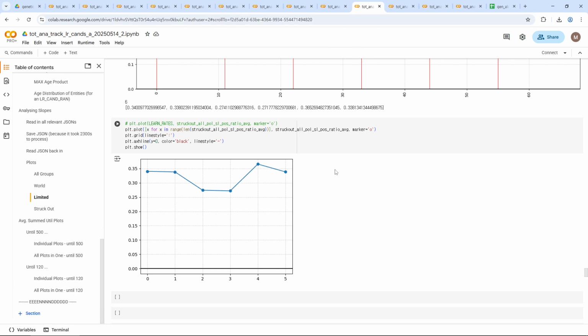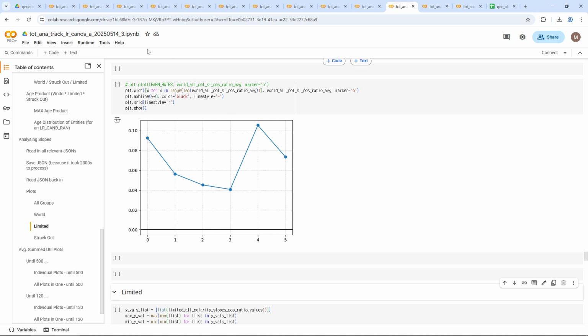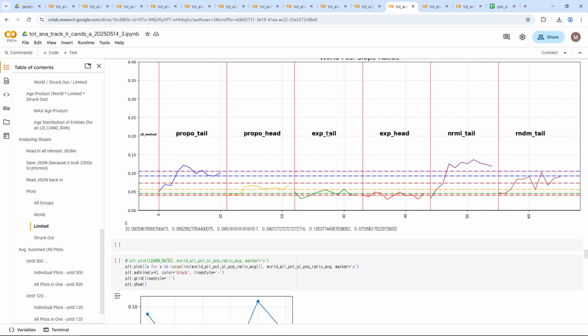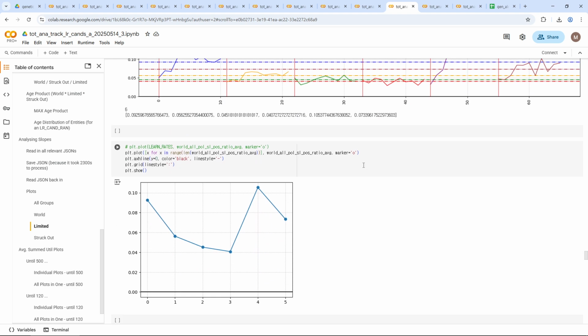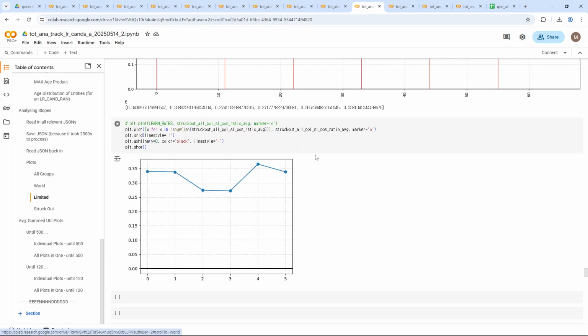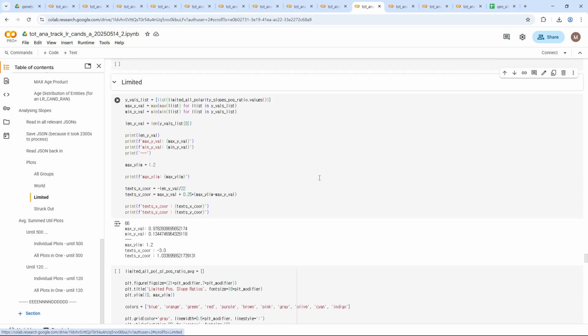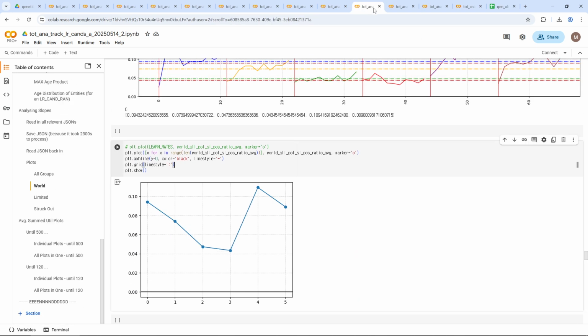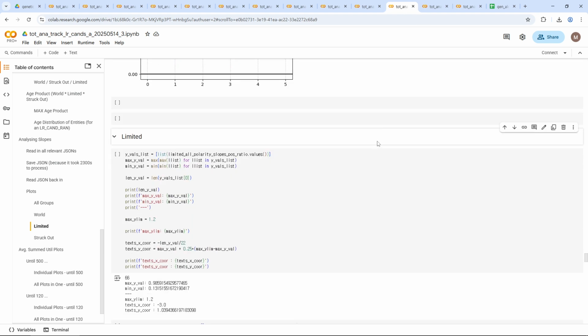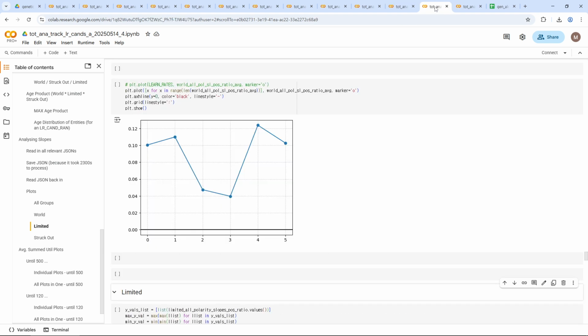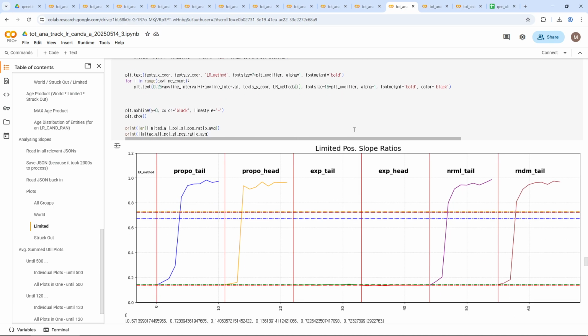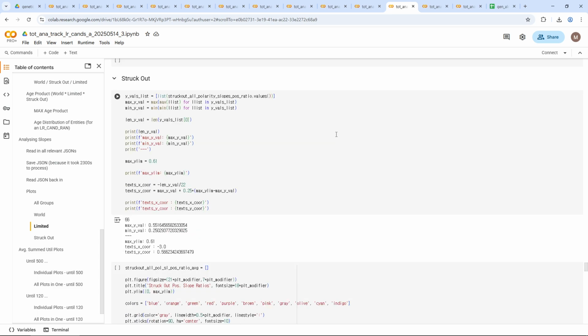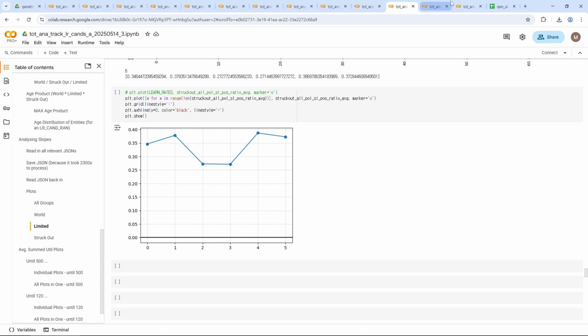So again, quite similar. And this one is where the candidate method being used is exponential head, and this is for the world entities. So slightly different. Actually, almost the same. For the limited entities, almost the same. For the struck out entities, almost the same.